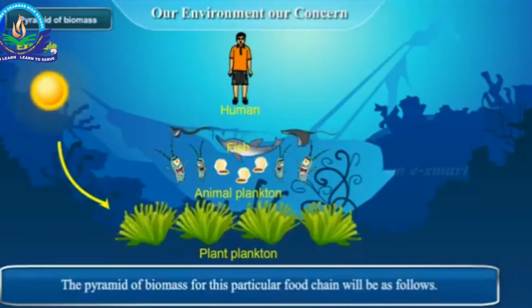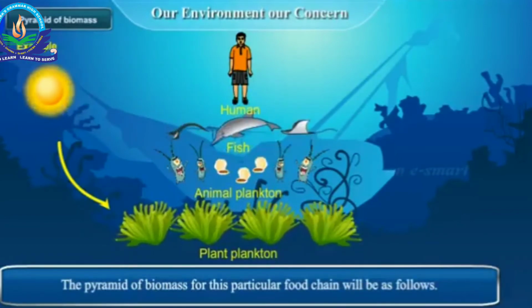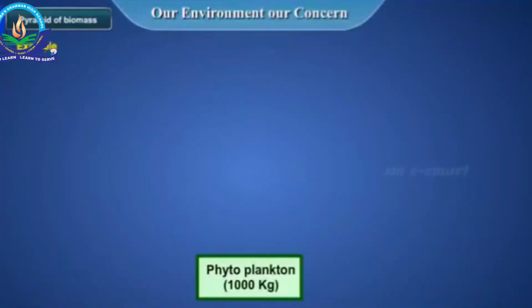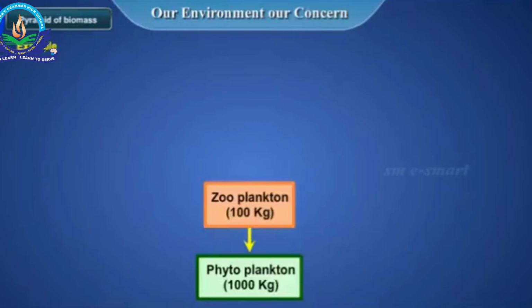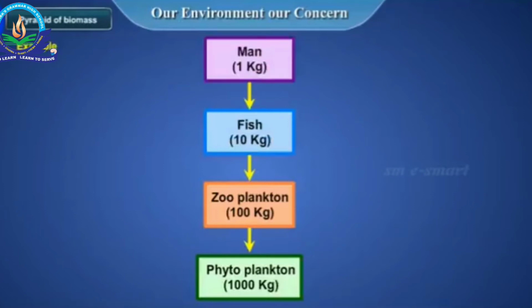The pyramid of biomass for this particular food chain will be as follows. Phytoplankton 1000 kg, zooplankton 100 kg, fish 10 kg, man 1 kg.